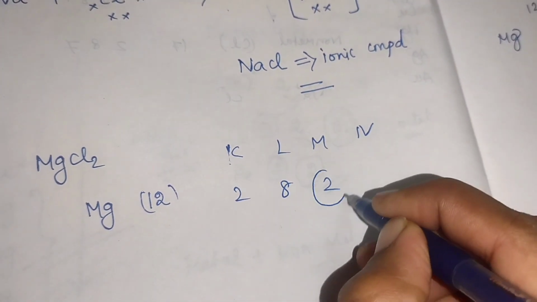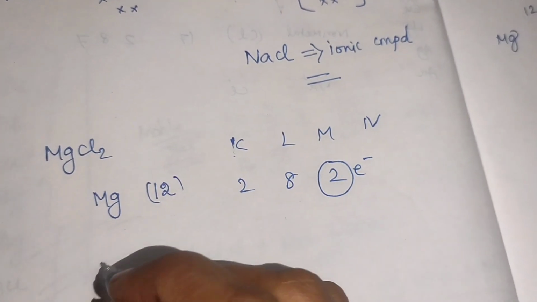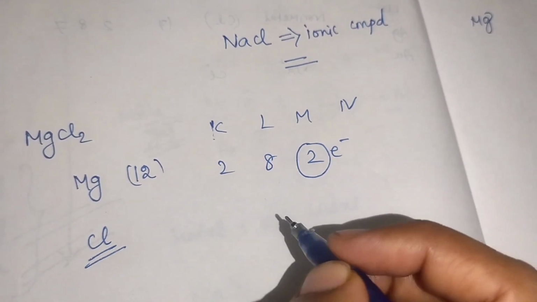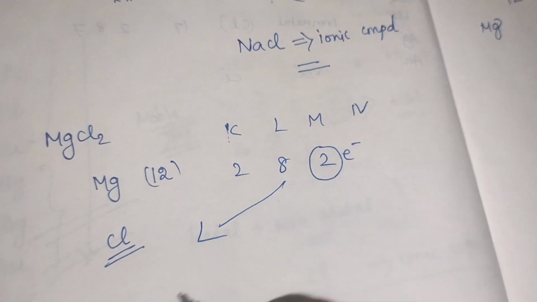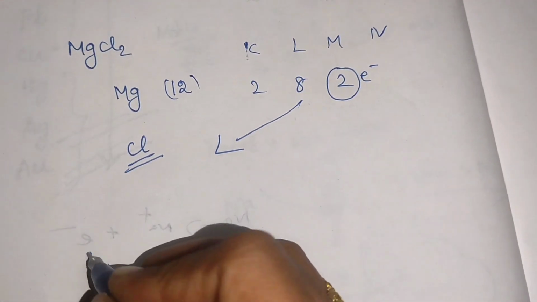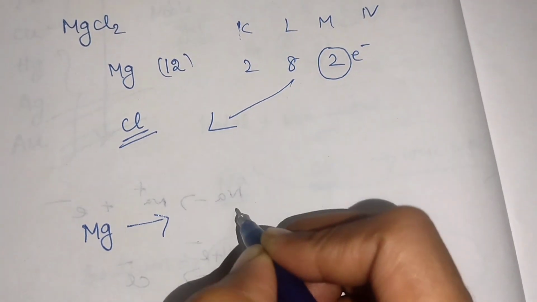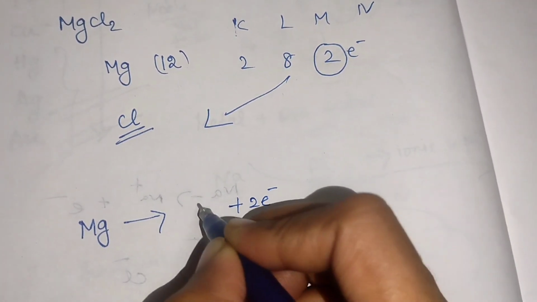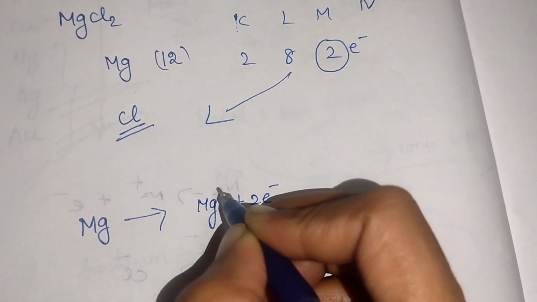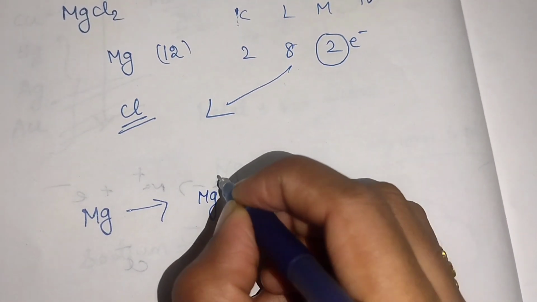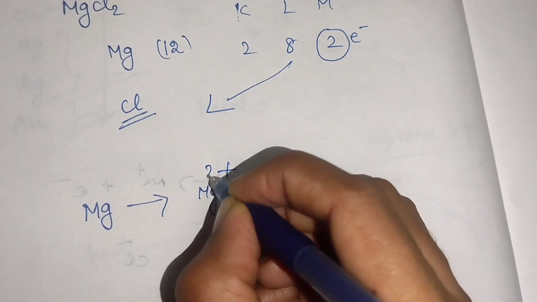So it is going to remove these 2 electrons, and chlorine has to accept these 2 electrons. Magnesium is going to become positive. It is going to remove 2 electrons and become Mg, with a positive charge. So plus charge will come here, okay.